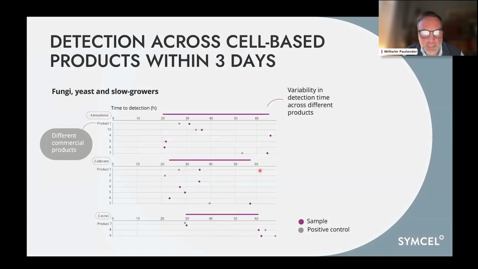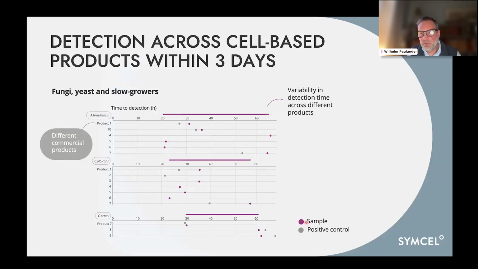I will show you 2 slides of different microorganisms and testing of 10 different products that we've done in-house. I will not go through each product, but I think it's an illustration of how the product affects the time to detection compared to the time to detection for the same microorganisms in the absence of product.